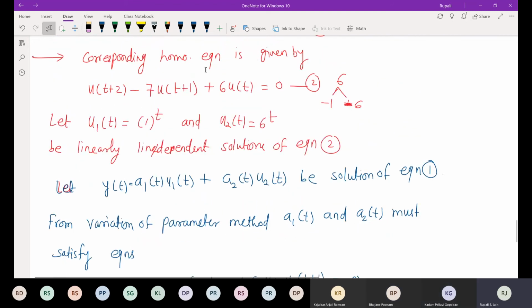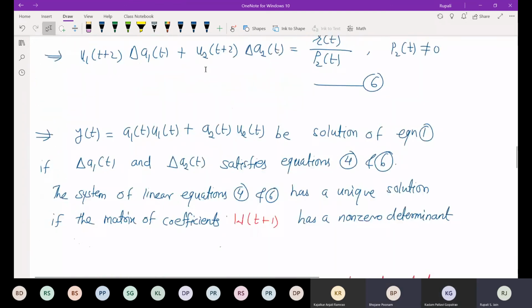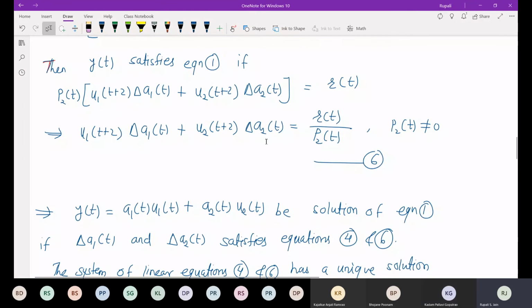Let me check once, the u1(t) and u2(t+2) terms.